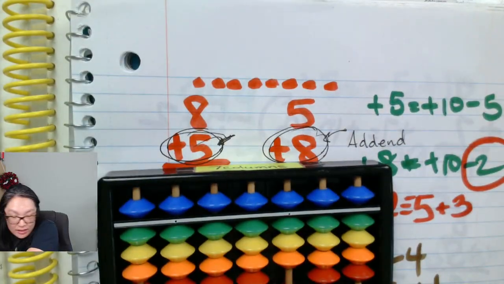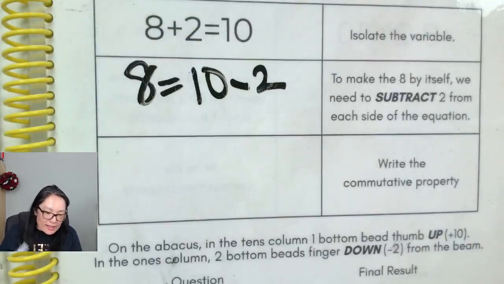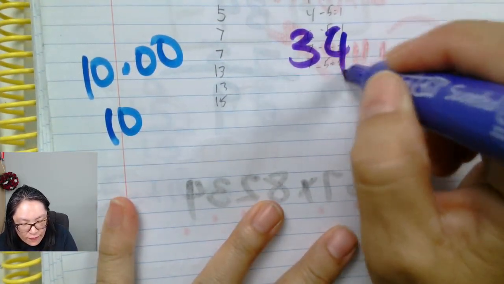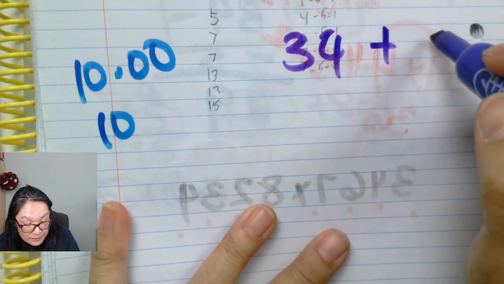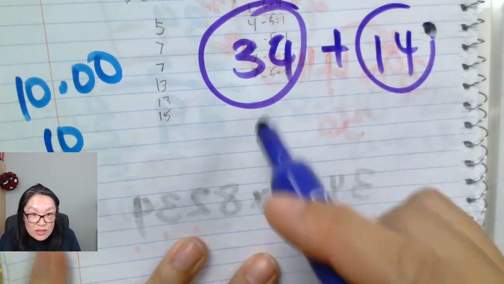I remember seeing this one teacher with a question like 34 plus 14. So what did they do? They did number bonds.